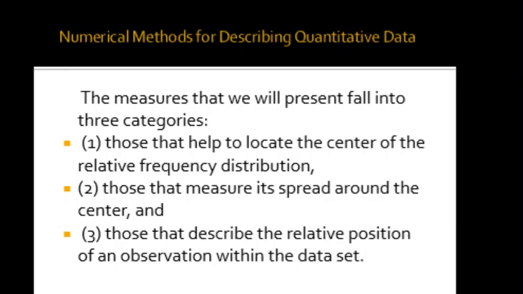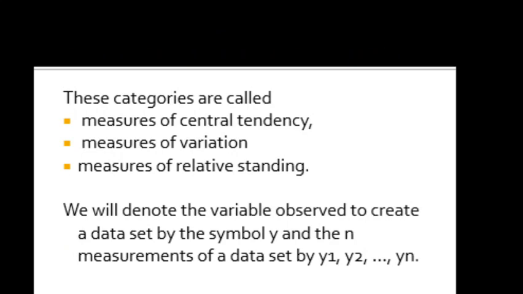And then measures of the relative positioning of observations with respect to the data set. So basically three categories. We will look at the measures of central tendencies, measures of variation, and measures of relative standing. This lecture deals with the central tendencies, and then the next one will be measures of variation.